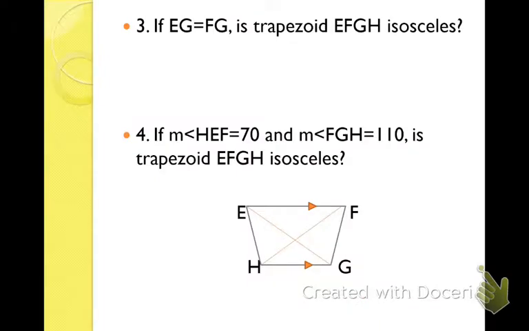If EG equals FG, is the trapezoid isosceles? Again, this is visualization. So EG equals FG. Let's draw a trapezoid EFGH.